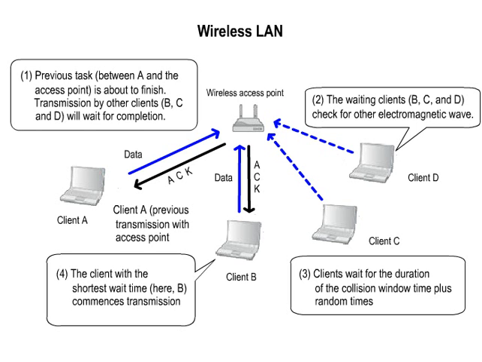CSMA/CA then waits for a fixed period of time plus a random period assigned to each wireless node before checking again for other electromagnetic waves. If the channels are still clear, data transmission may proceed. Note the difference with CSMA/CD, where transmission commences immediately if the transmission path is open.